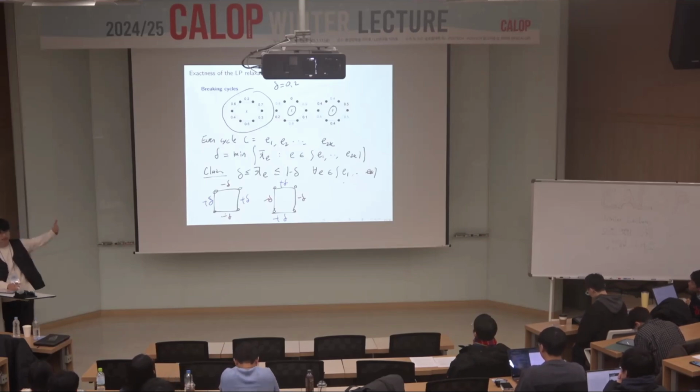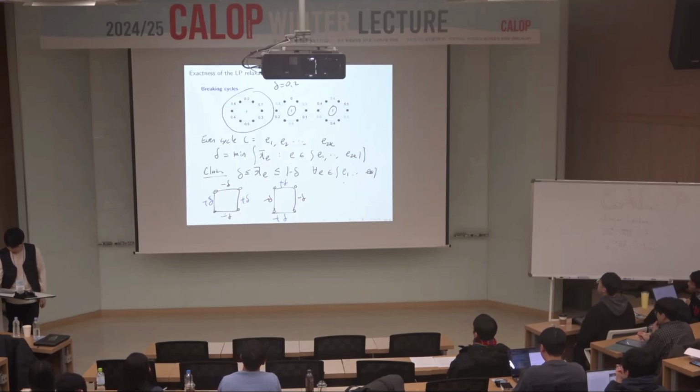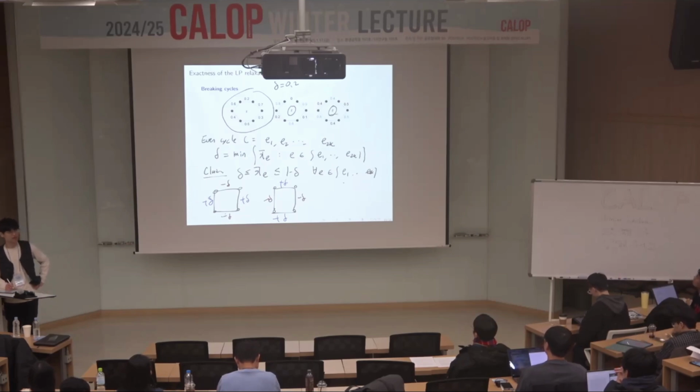Okay. Adding delta is not a problem because each value is at most 1 minus delta. And subtracting delta is not a problem either, because each value is at least delta. If you do this operation, you create two solutions, x tilde and x hat, and they are both feasible. They are both solutions to the LP relaxation.